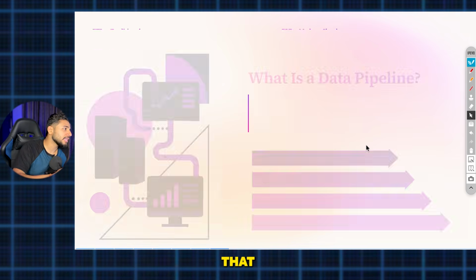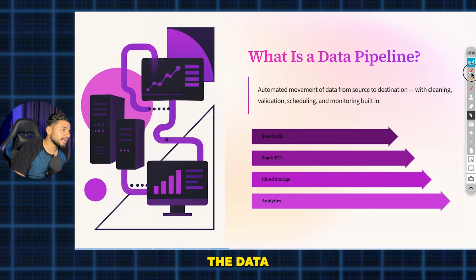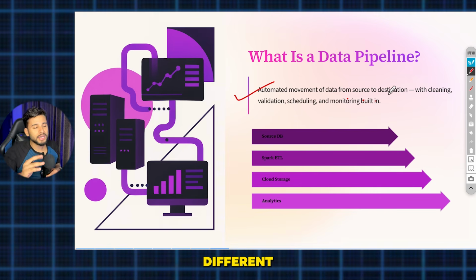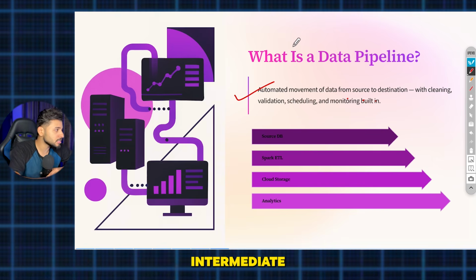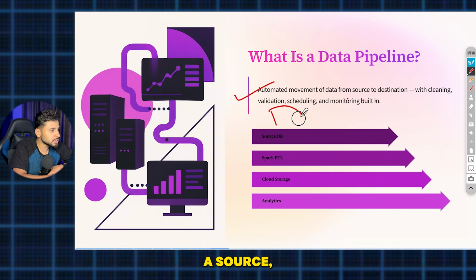Next thing is what is the data pipeline. The data pipeline is basically an automated movement of the data from the source to destination. There will be a source and a destination, so how exactly will the data flow from source to destination? Directly data cannot flow.